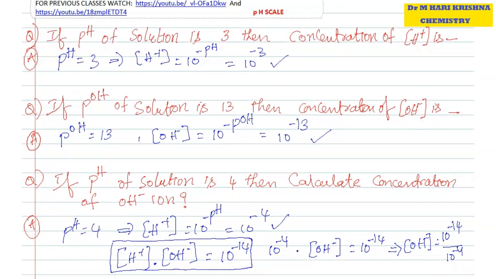Then answer is, what is the answer, students? So concentration of OH minus equal to 10 power minus 10. Actually, students, this is concentration. So write the units, moles per liter. Concentration units are moles per liter.